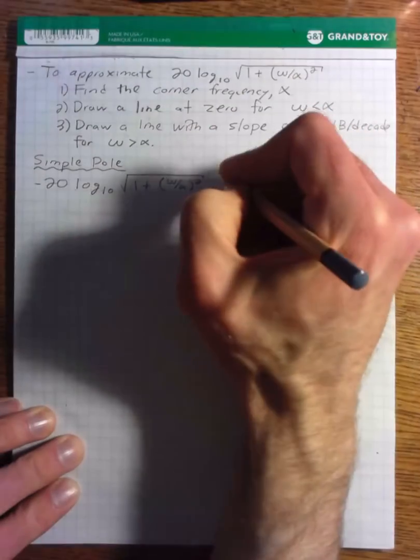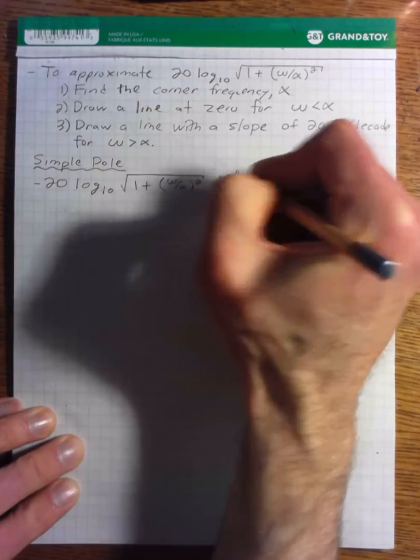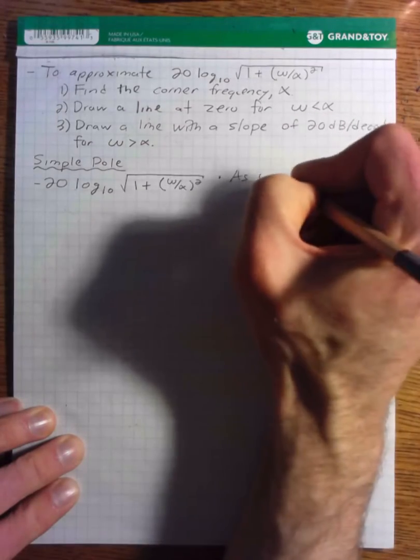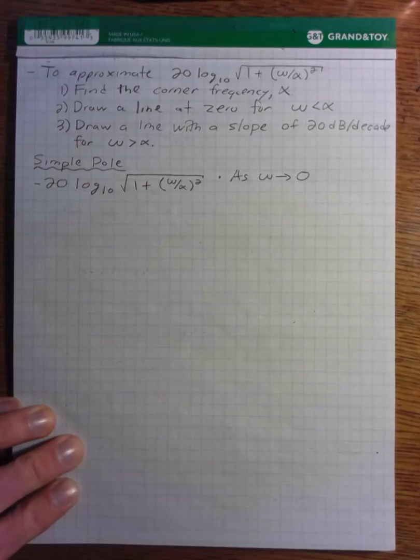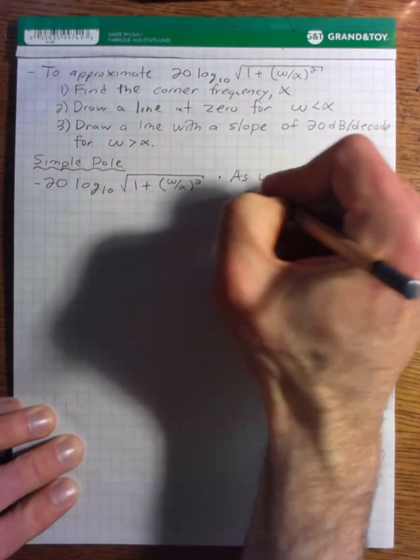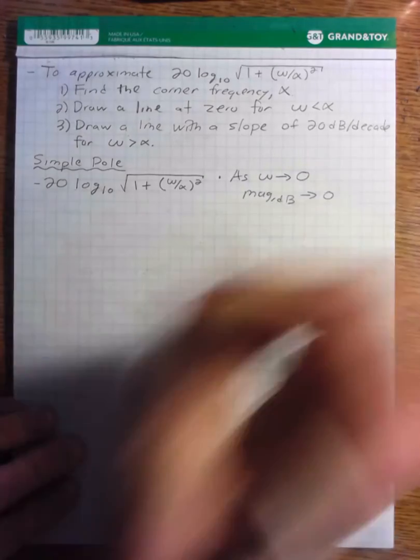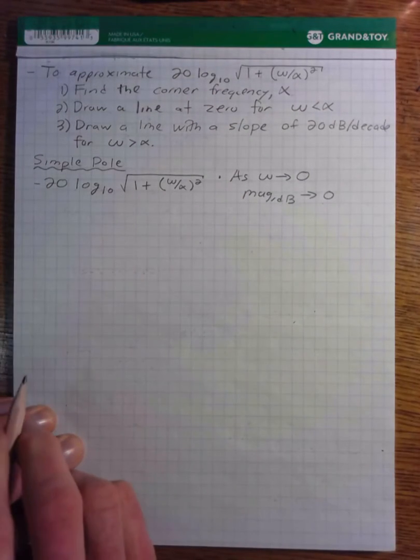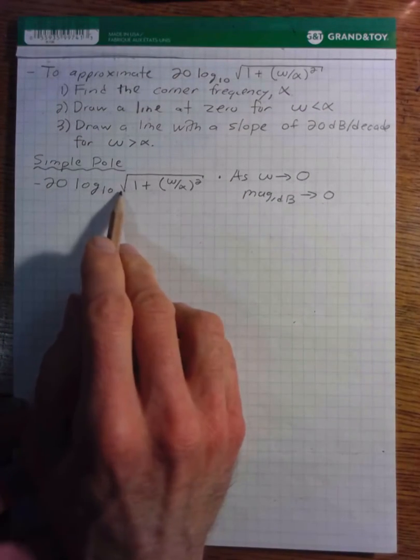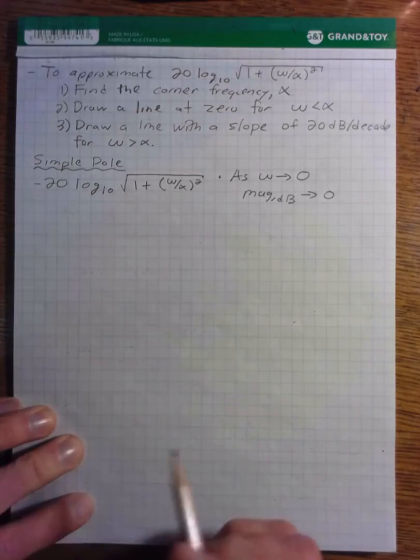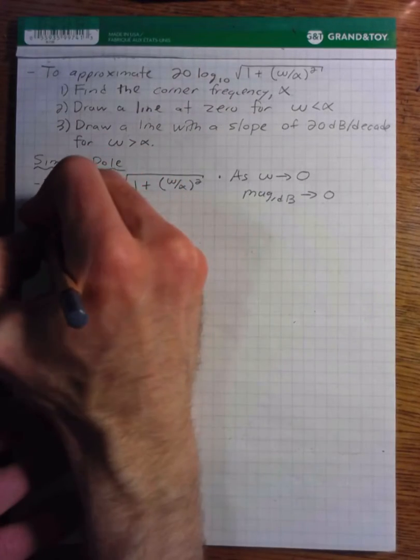So as you would expect, as omega approaches 0, the magnitude in dB also approaches 0, just like it did for the simple 0. So the negative sign doesn't affect that.